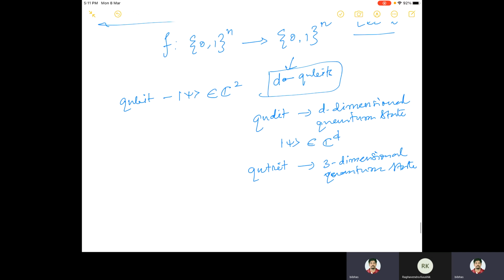So a qutrit is in C to the power 3. There are 3 degrees of freedom, not exactly degrees of freedom, that will be the wrong term, but let's say there are 3 possible orthogonal directions a state can be in. For example, if you consider atoms with 3 energy levels, then possibly you can treat this as a qutrit.